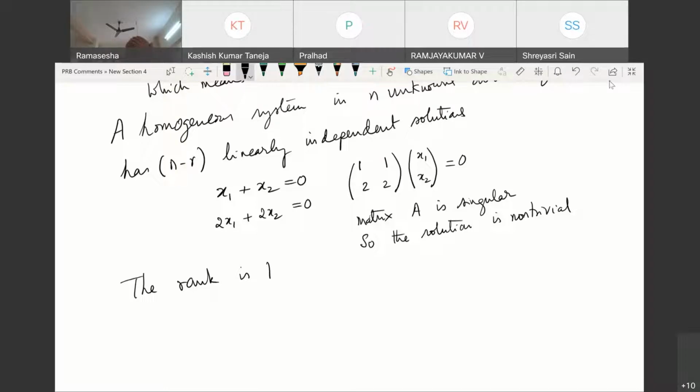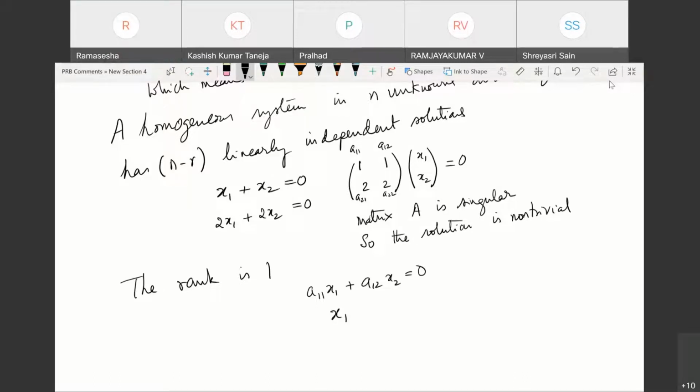So let me take the first one. So this is A11, A12. I take the first equation, which is A11 x1 plus A12 x2 equal to 0. When I plug in the values of A11 and A12, I will get the first equation.